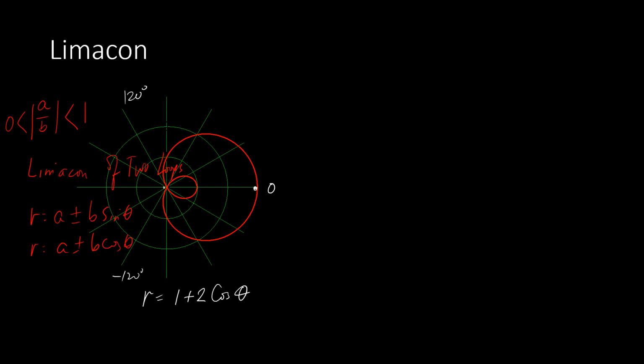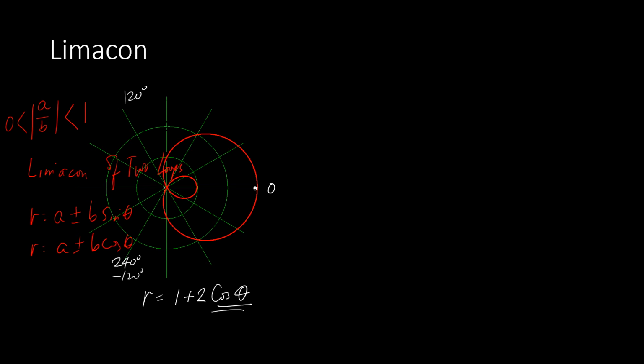Now, the smaller loop is generated between 120 and 240 degrees. Okay? So, supposing that your theta is 180 degrees, cosine of 180 is negative 1, times 2 is negative 2, plus 1 is negative 1.